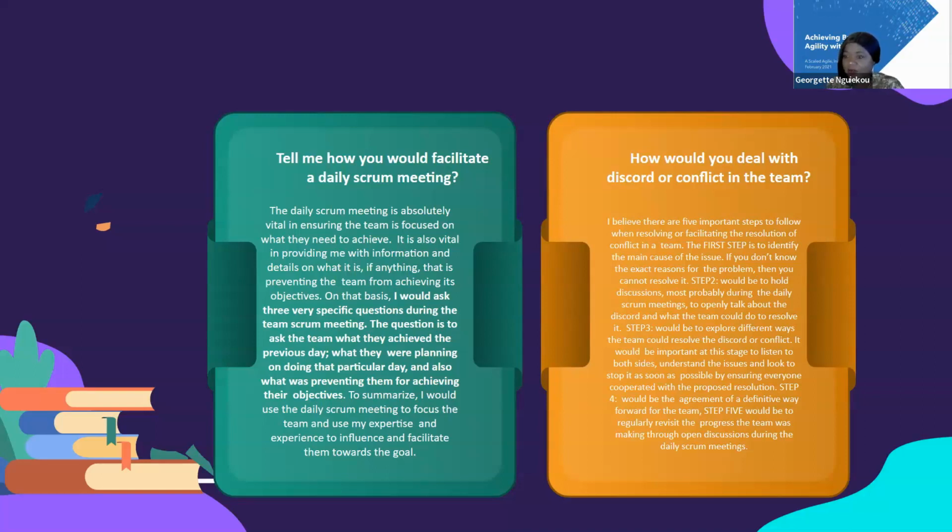And then from there, when you listen, maybe you want to schedule a meeting to listen. And when you schedule a meeting to listen, maybe you want to bring a solution, or you want to bring that problem to the retrospective. It depends on the problem, because sometimes a team member can reach out to the Scrum Master and say, you know what, I'm not happy with this other team member.